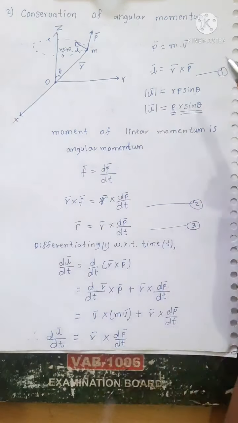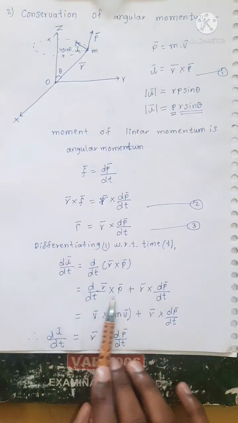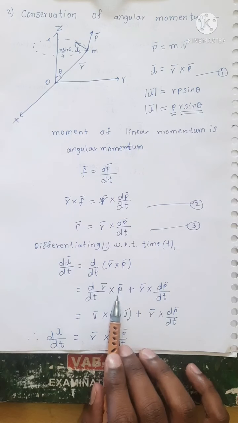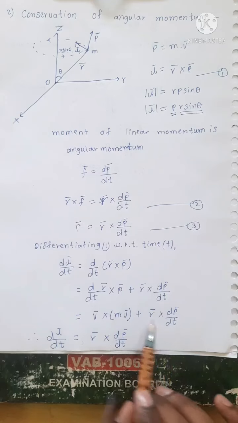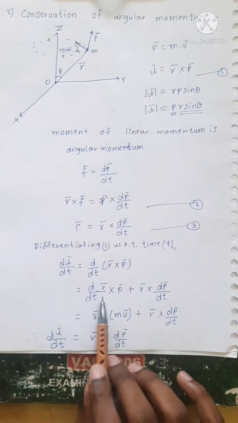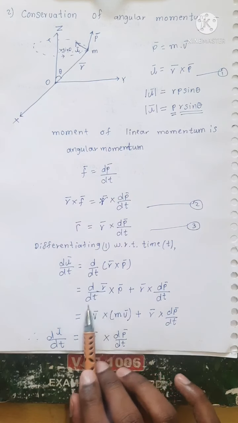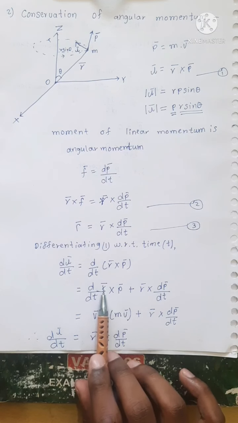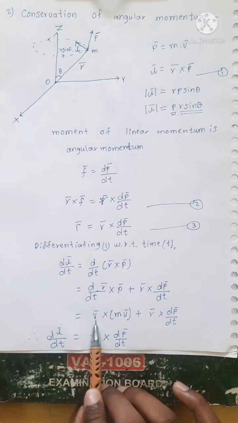Now differentiating equation 1, L bar is equal to r bar cross P bar. Differentiating by parts, we take the derivative of the first term into the second term as it is, plus the first term into the derivative of the second term. Now dr bar by dt, the change in displacement with respect to time, is a vector quantity, that is velocity.